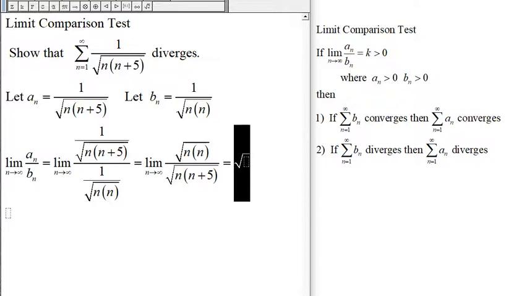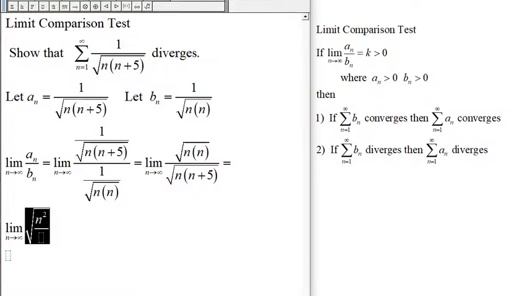So this is equal to this. And the top here we just get n squared. Or we can just do it this way.